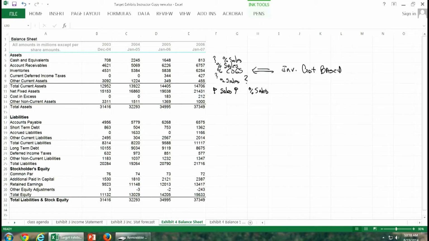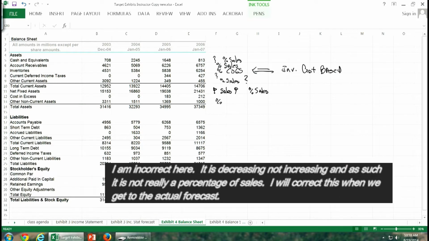Therefore we'd expect net fixed assets to increase with that. All right. We have cost in excess, which is related to acquisitions they may have made. And then we have other non-current assets. I'm not sure that it is a percentage of sales, but clearly it's going up as sales go up.